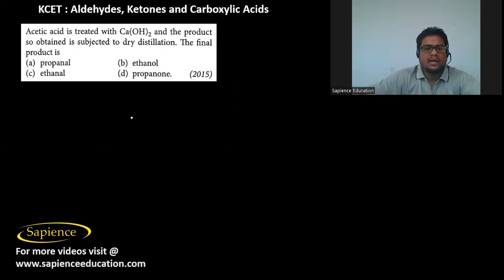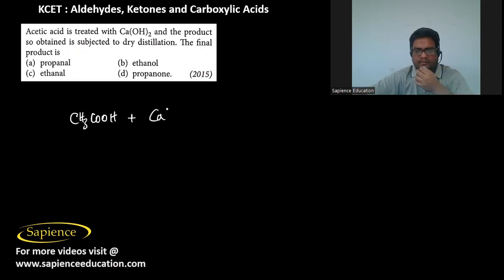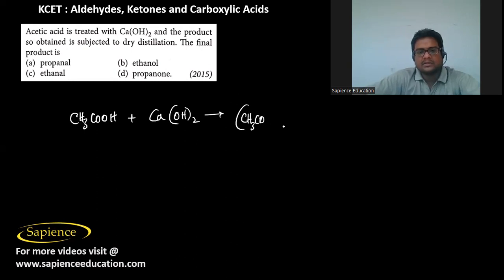Then it is told acetic acid, which is CH3COOH, is treated with calcium hydroxide, and the product so obtained is subjected to dry distillation. Here it will form calcium acetate, (CH3COO)2Ca, plus 2H2O.